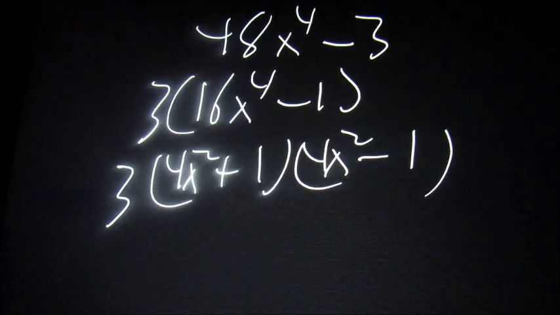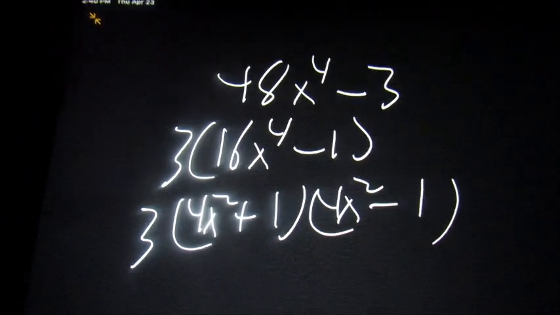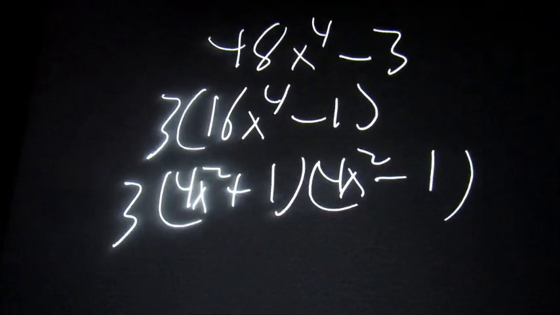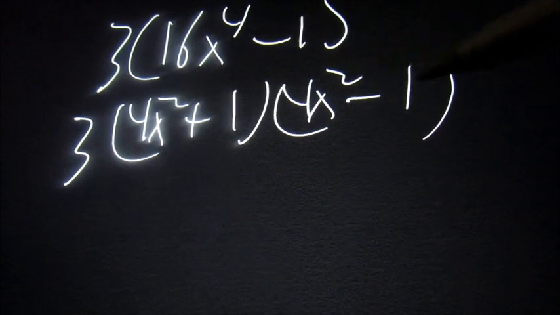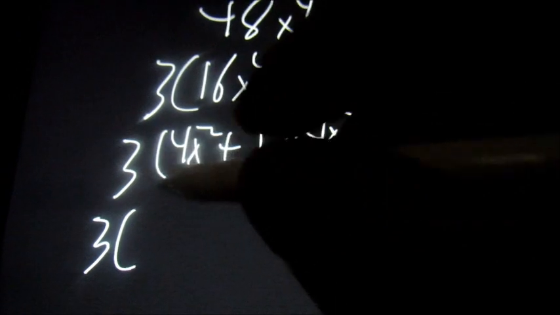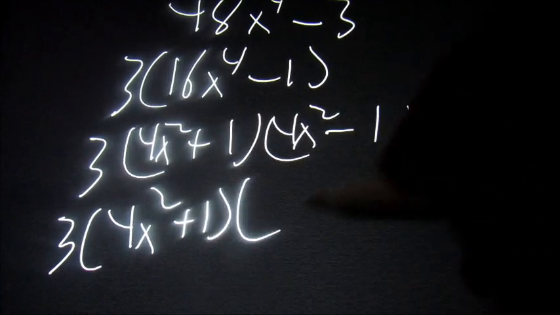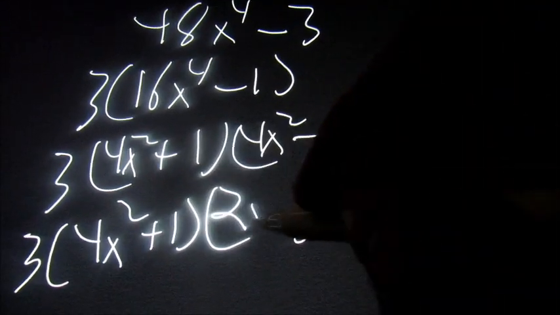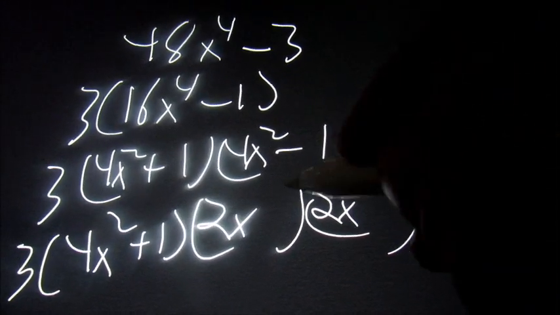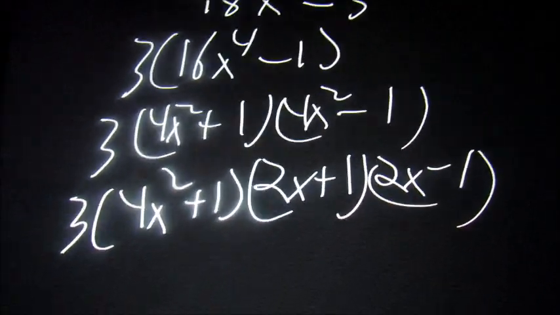So the lesson here is, if you have an x to the 4 or anything that's not an x to the 2, look after you do the difference of two squares to see if you have another difference of two squares, because you might. So we're going to keep the 3. We're going to keep the 4x squared plus 1. But now the square root of 4x squared is 2x. Square root of 1 is still 1. And we have 1 plus and 1 minus.